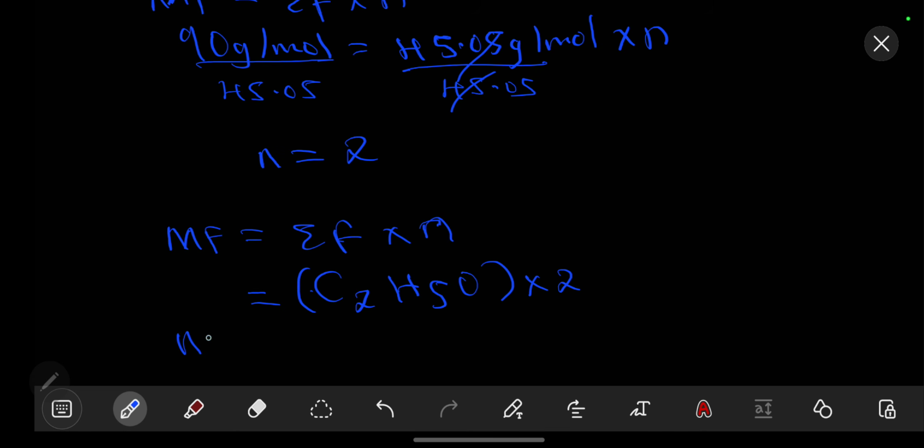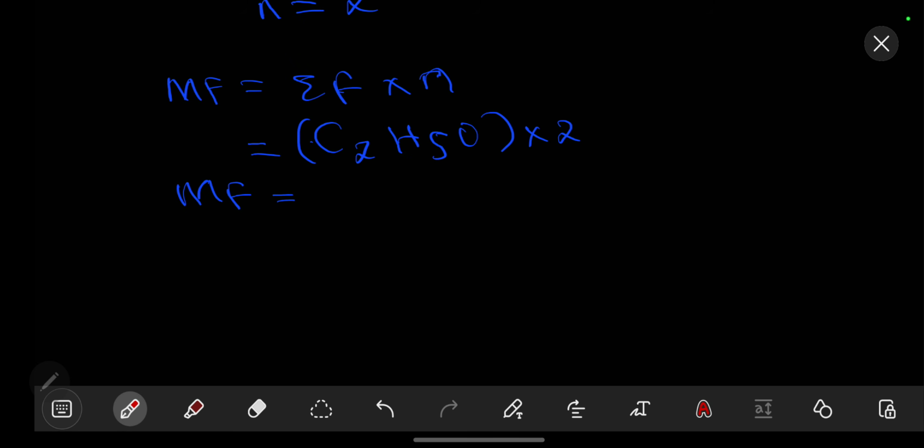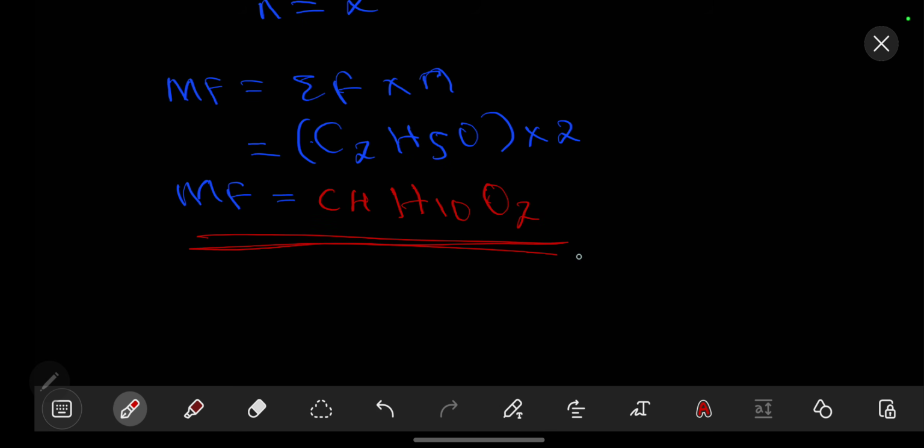So our molecular formula will be equal to, 2 times C, it will have C4, H 5 times 2 will be H10, then O times 2, it will be O2. So this is the required answer.